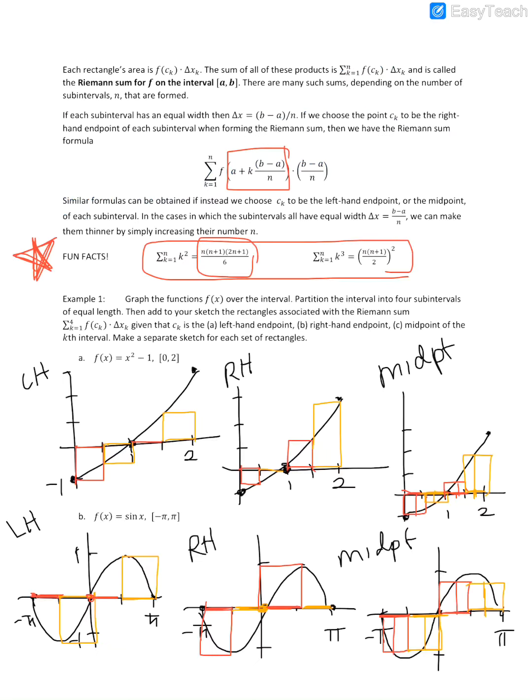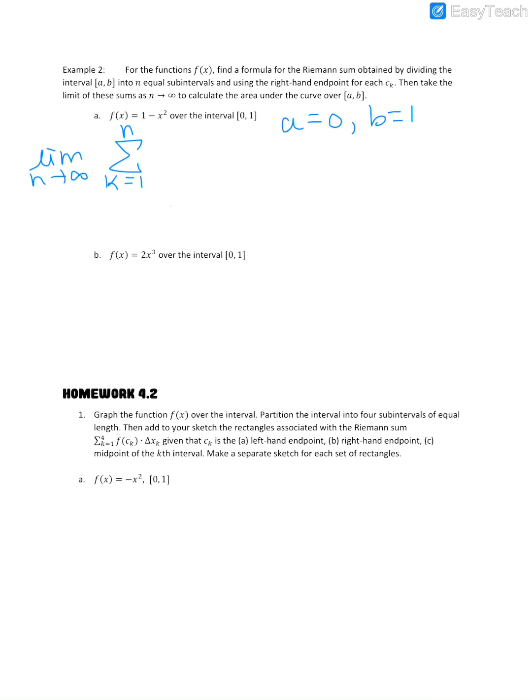So let's revisit our formula from the other page. So the formula we're talking about is right here. Okay, so the first thing we want to do is find this part right here in red, a plus k times b minus a over n. So on this one, a is 0 plus k times b minus a is 1 over n.